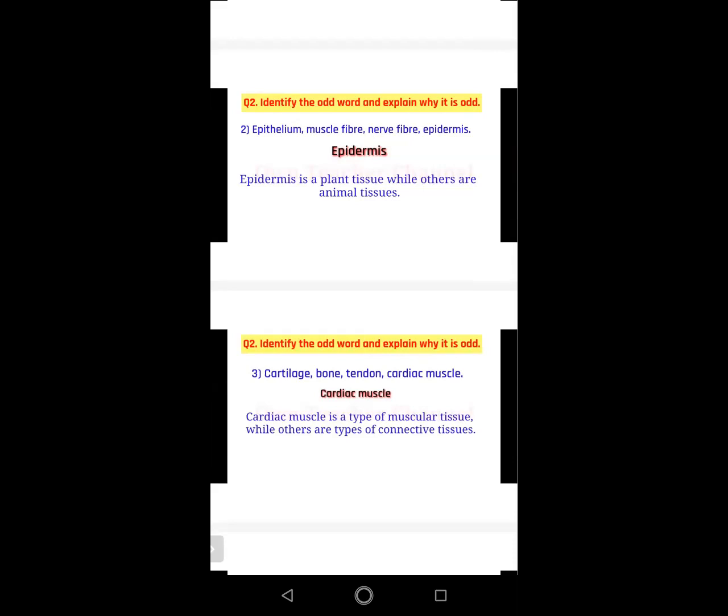Because cardiac muscle is a type of muscular tissue, while the others are connective tissues. You have all learned that connective tissues and muscular tissues are different. So we can say the others are types of connective tissues.